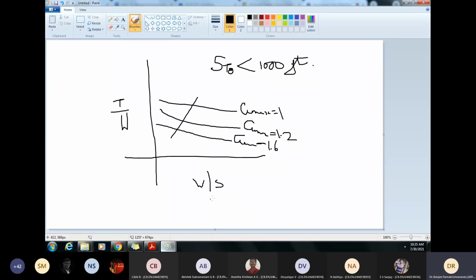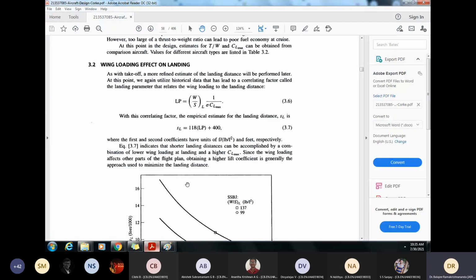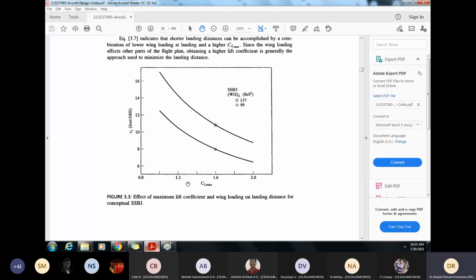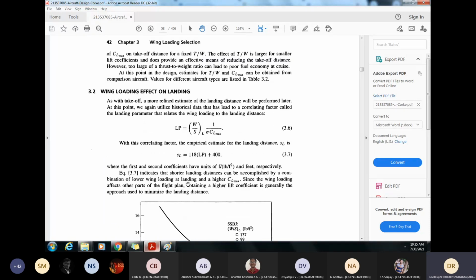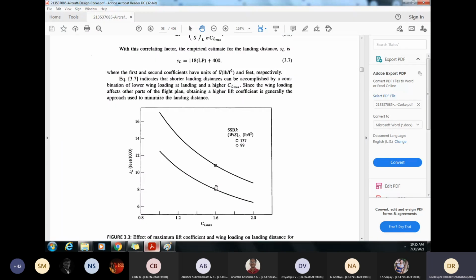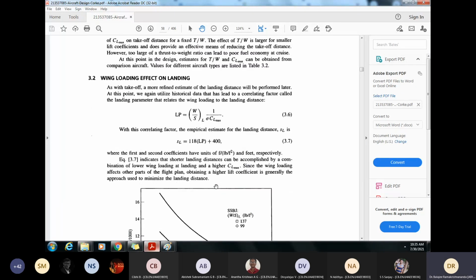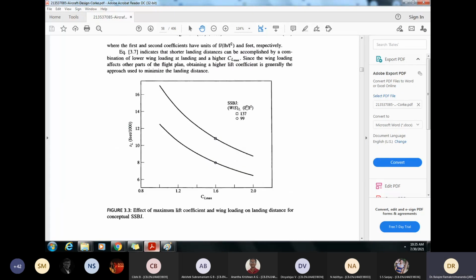So there is no sense in drawing the diagram for landing. Just estimate this and keep it ready. You can do the other plots, CL max versus landing length, what he has shown.